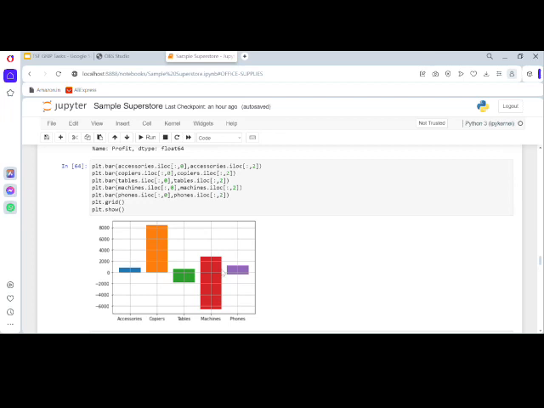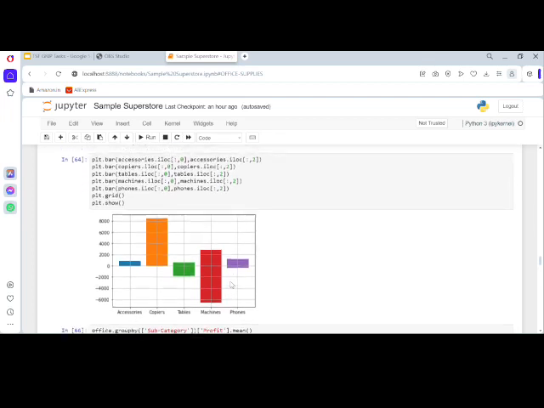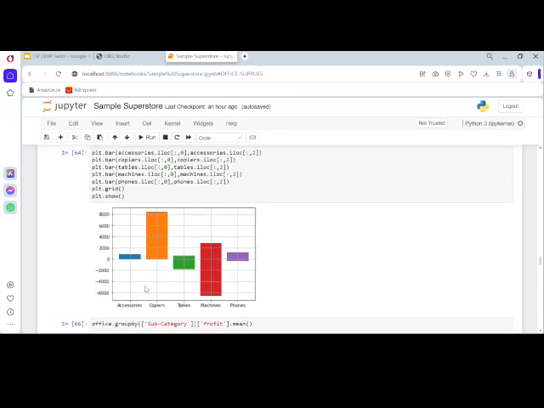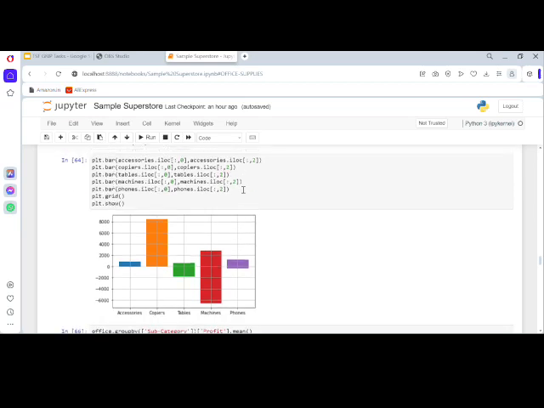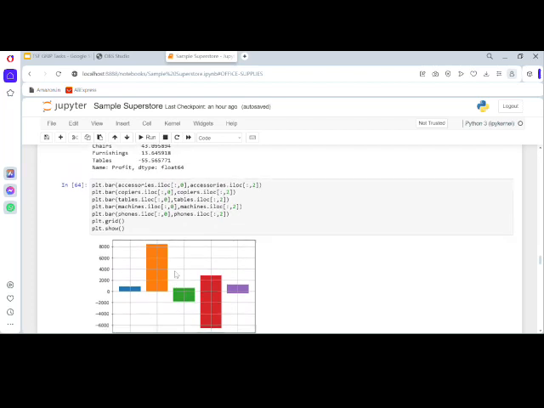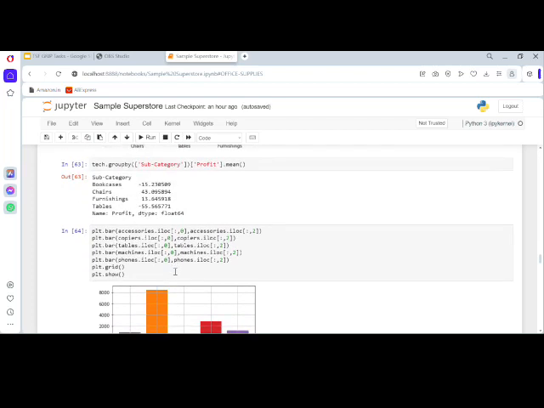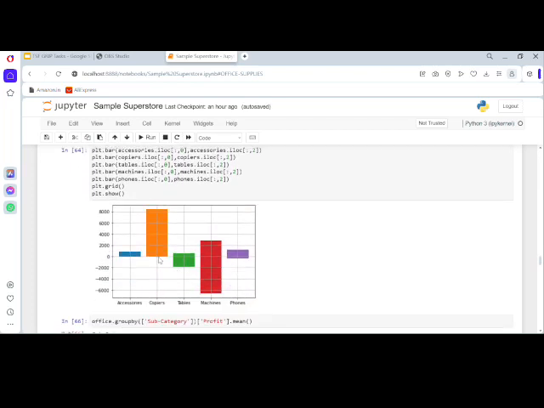In this we can see the subcategories of the technology that we have, with the copiers leading the most in the profits, and the machines with the loss.